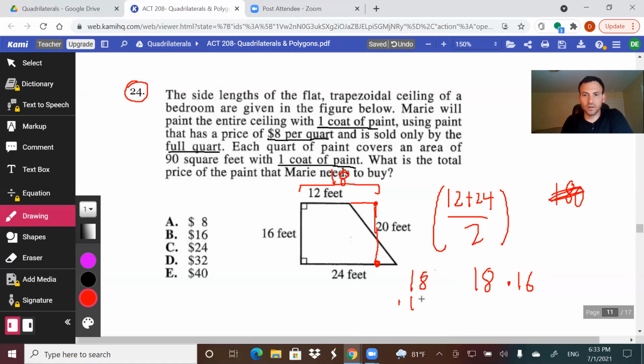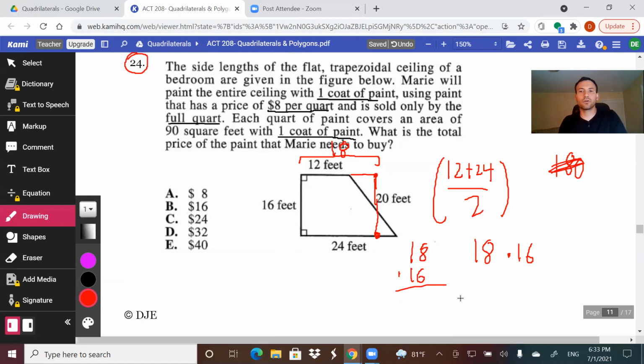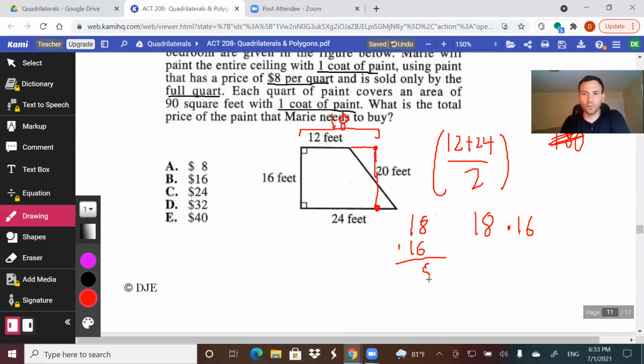I'm going to just go for the tried and true old-fashioned way. Okay, so 48, 4, 6, 10, 0, get rid of that, 8, 1.